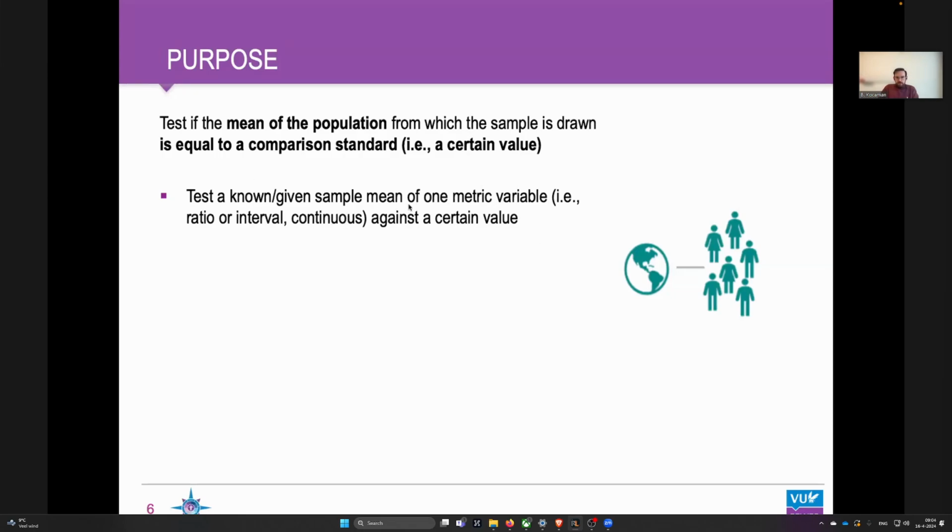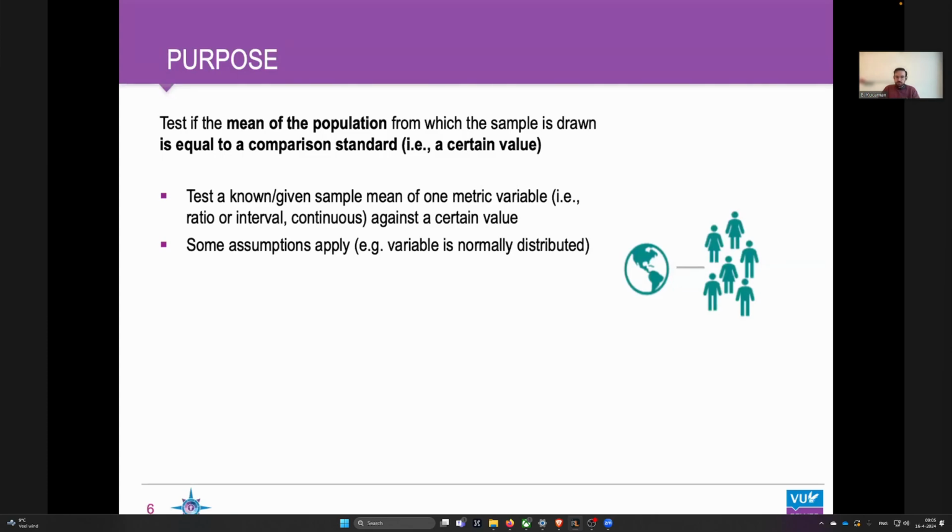And then, of course, as you know, we can only look at the mean if we have a metric variable. So that is another way to identify that you need to use a t-test. So it should be ratio or interval. And there are still some assumptions, as I mentioned before. For instance, the sample has to be random and representative.